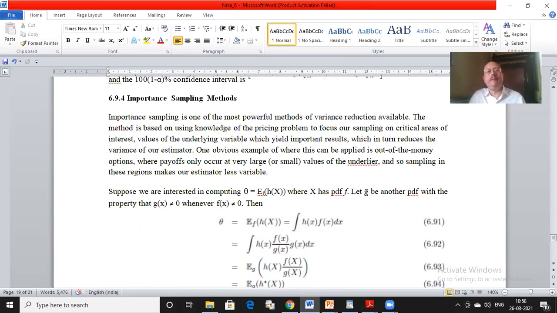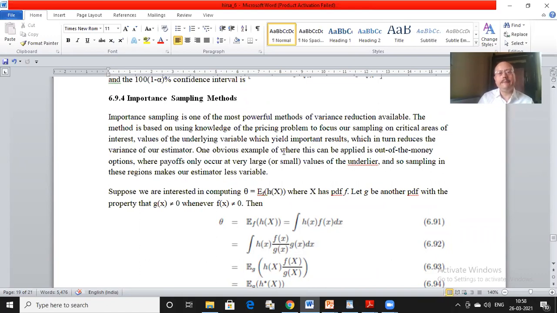Similar situations will arise for other contracts. So we want to focus our sampling on critical areas, values of the underlying variable which yield important results, and which in turn reduces the variance of our estimator. If I can get more samples there, I can reduce the variance.